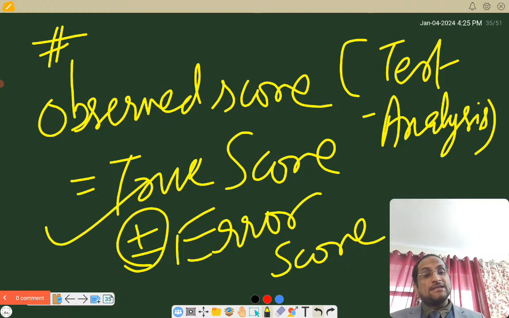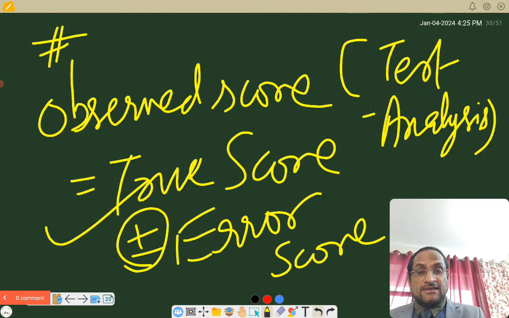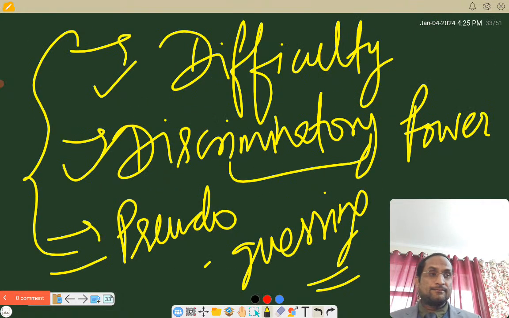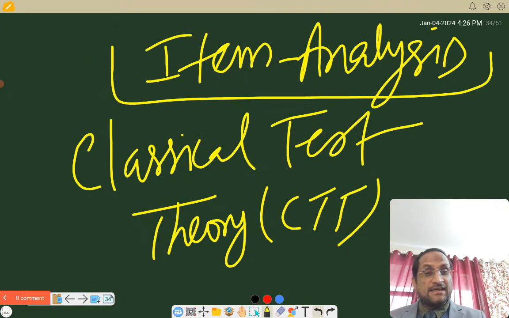And why is item analysis important? Because by following the item analysis we will realize that difficulty level is moderated for each and every item. The discriminatory power of each and every question will be established. The pseudo guessing factors will be removed, and through this we will be able to sketch what?